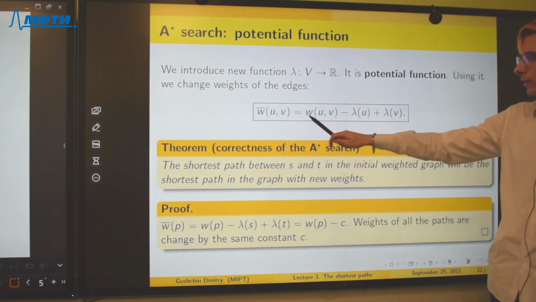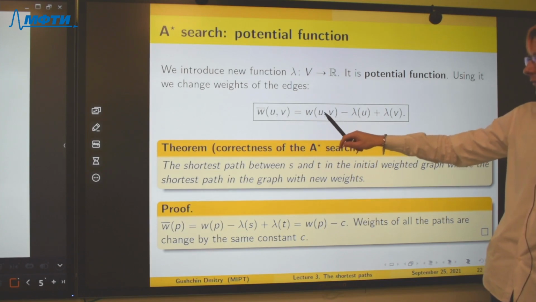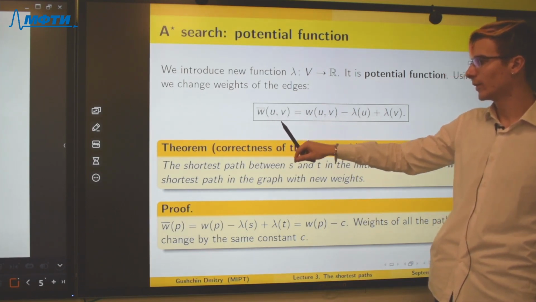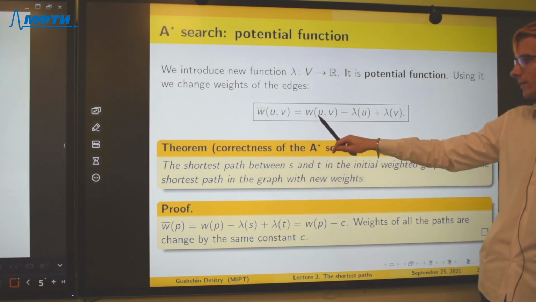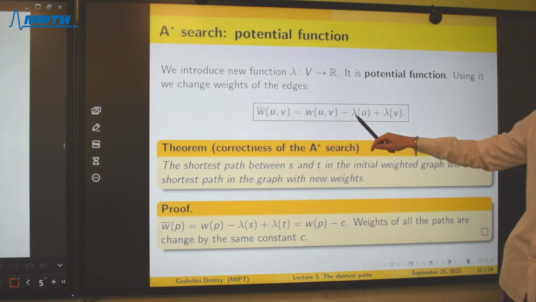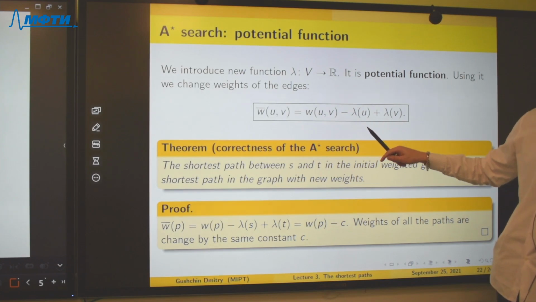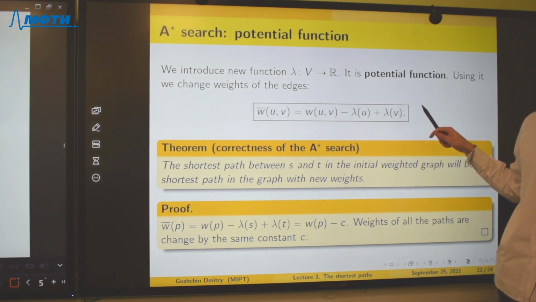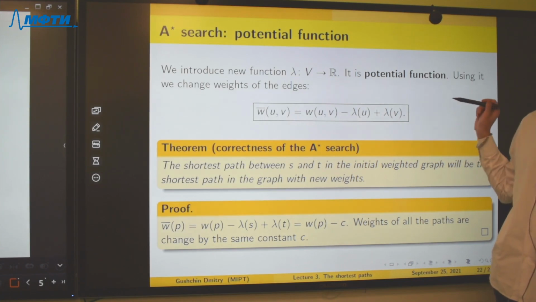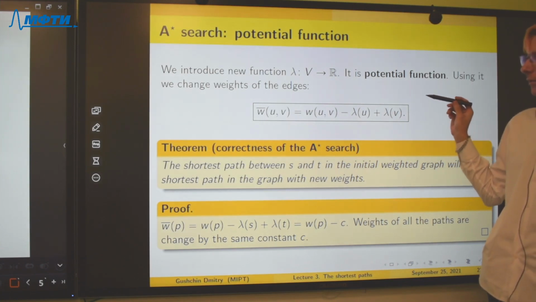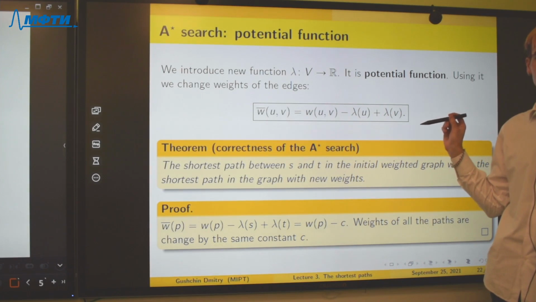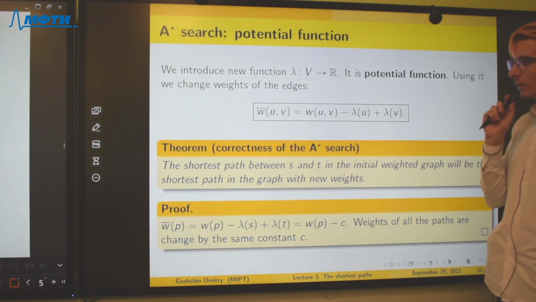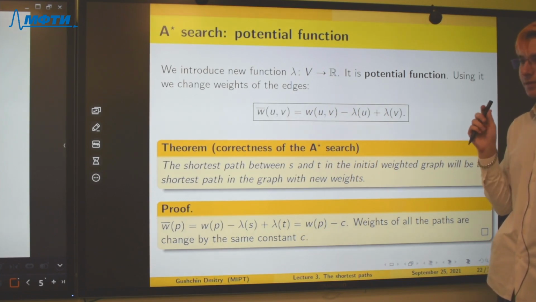The weight from U to V we change to a new weight equal to the old weight minus the potential of the start point plus the potential function of the end point. It will be the new function of weights of the edges.